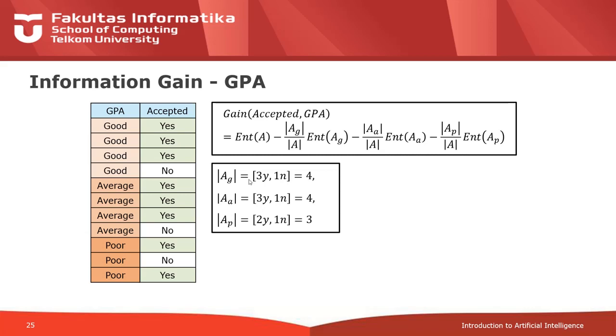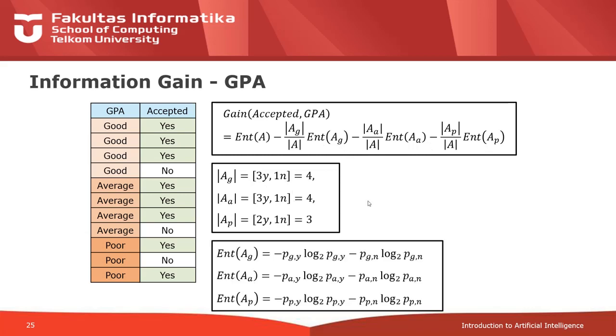Okay. So we will be able to use this value for this one, and this one. And that means that we have this value here. Now, how to calculate the entropy of each of these values? This is why we want to know the values here.